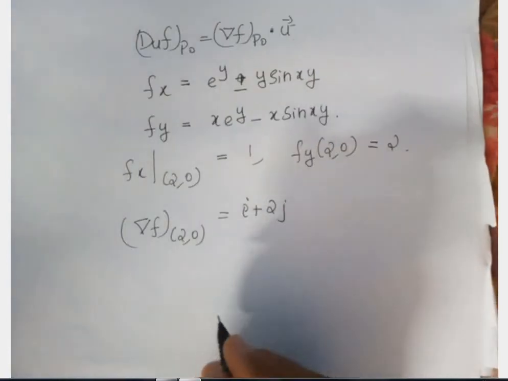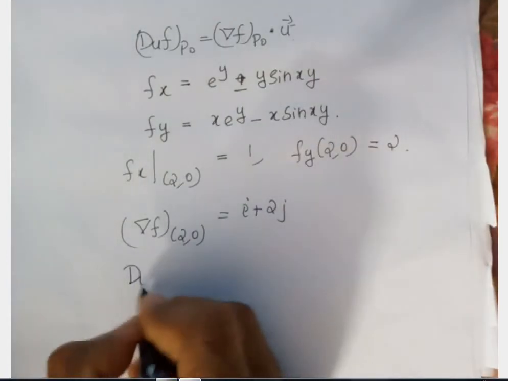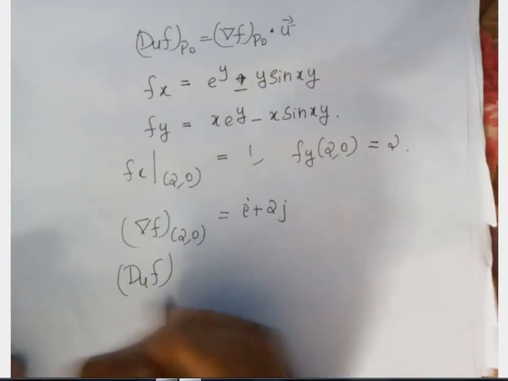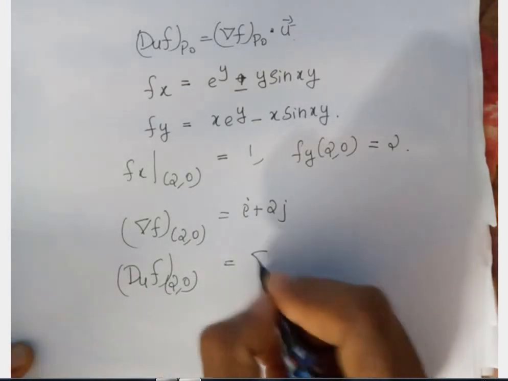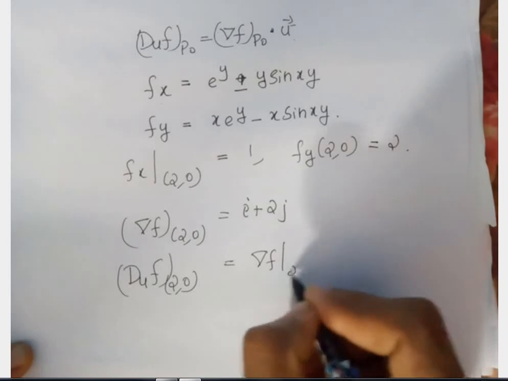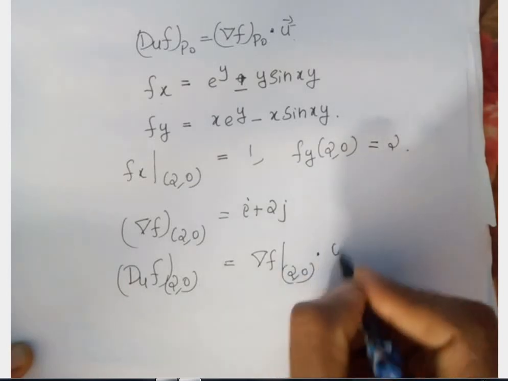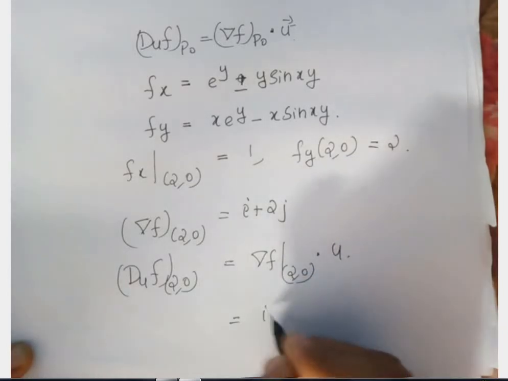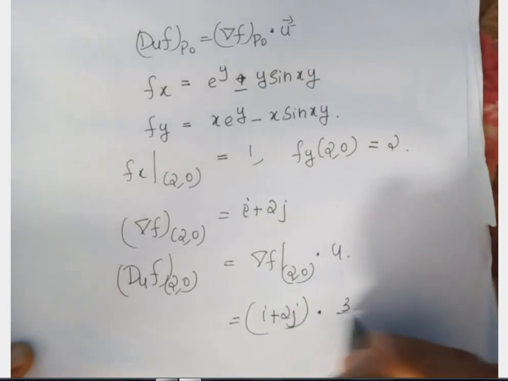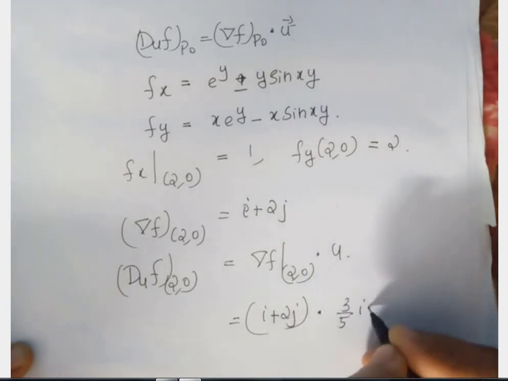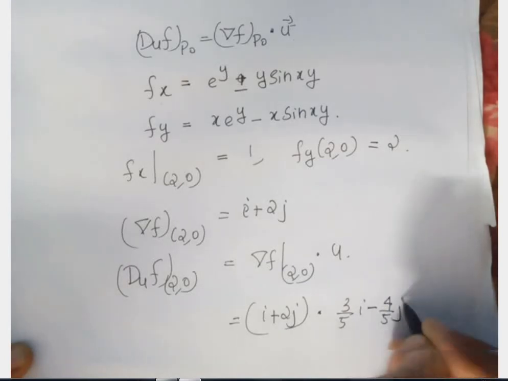Okay. So what is D_u f at the point (2, 0)? This is equal to del f at the point (2, 0) dot u. This is equal to i plus 2j dot 3/5 i minus 4/5 j, which is our unit vector.